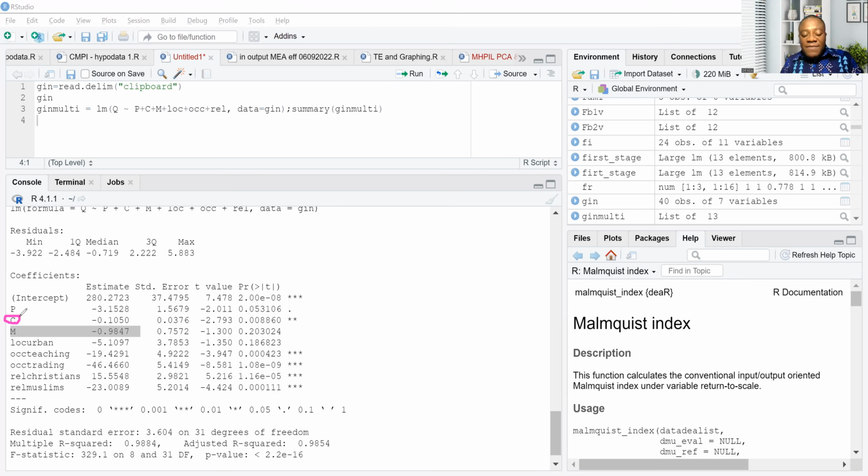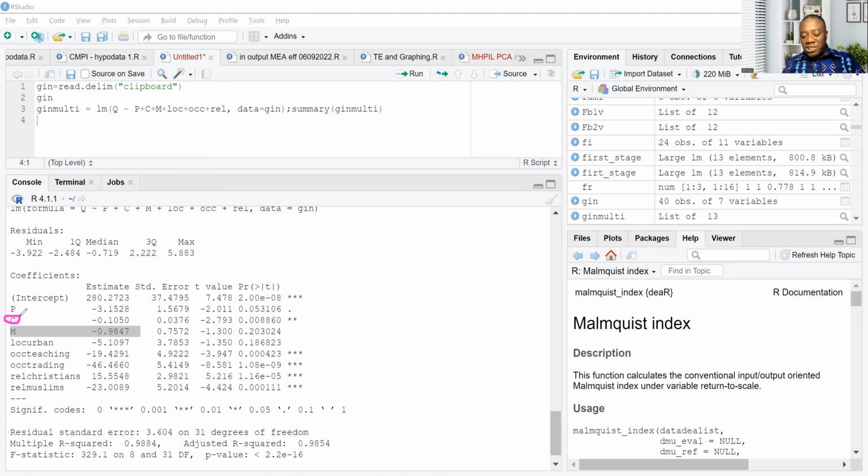Given the complement price of gin, given the income, now watch the location. I did not say given location urban, remember that the other level of urban is rural. I said given location.